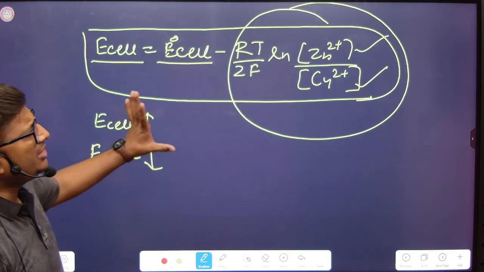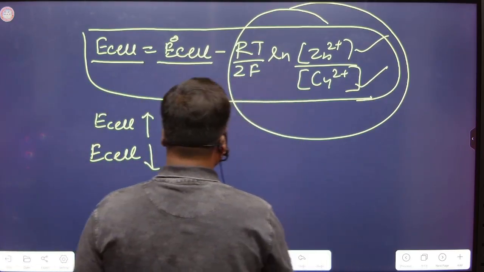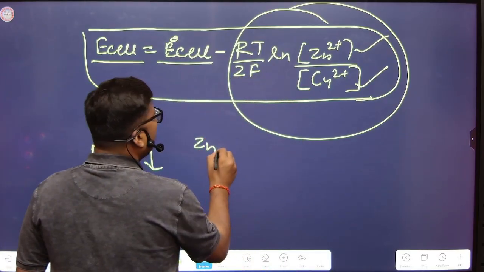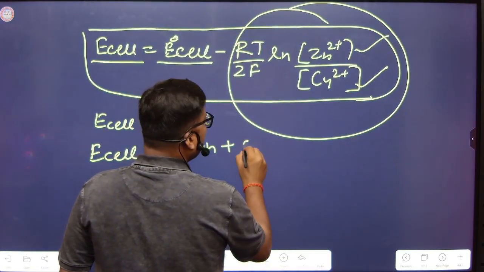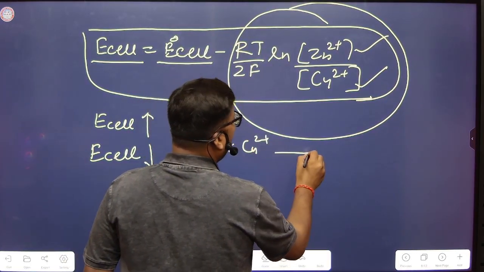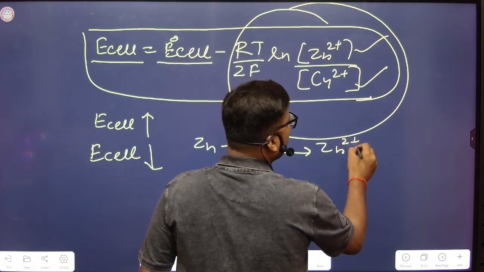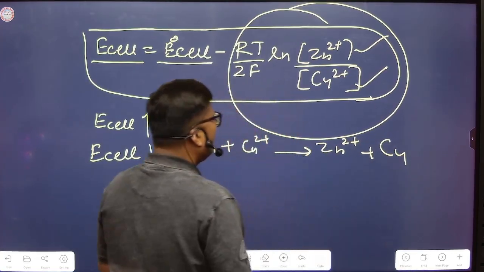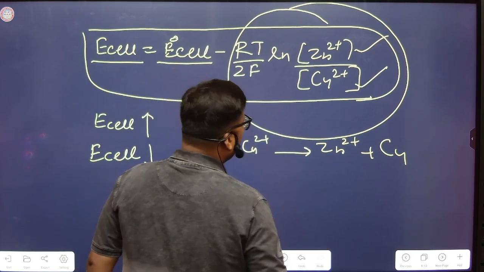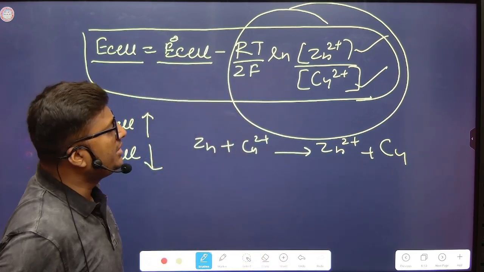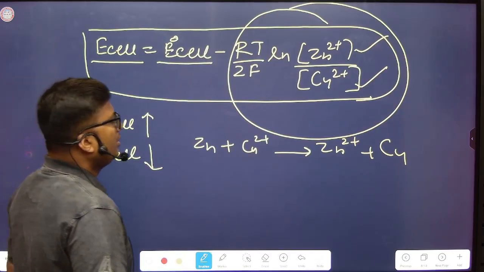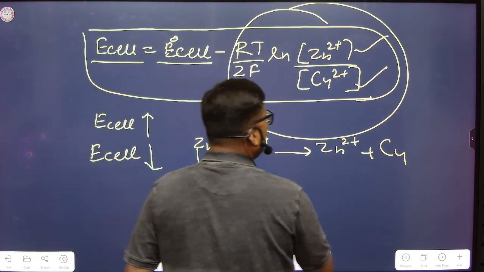So after time, what happens in these reactions? Zn plus Cu2+ gives Zn2+ plus copper, right? So this is the overall reaction. After passage of time, the Zn changes into Zn2+.